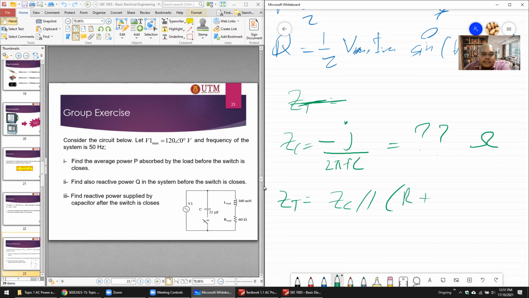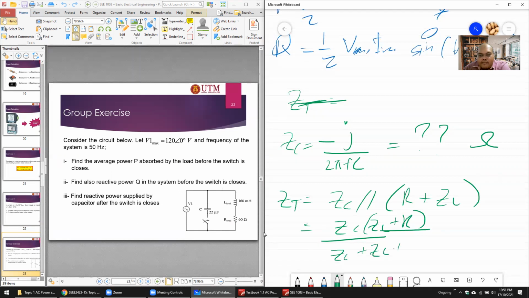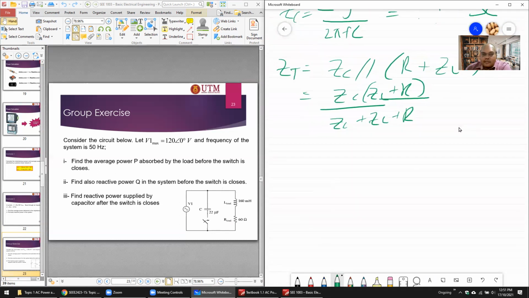R plus ZL. Okay, so ZC ZL divided by ZC ZL plus R, divided by ZC plus ZL plus R. Okay, and then after you get the Z, you find I, the new I coming out from the source.